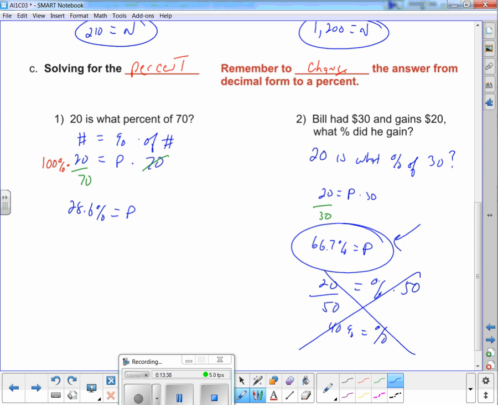Kirsten. Because I've got 30 bucks and I'm going to gain 20 in respect to the 30. That's the way I looked at it. I'm going to gain $20 in respect to 30. I'll tell you this. You could also think of it as 30 is what percent of 50.